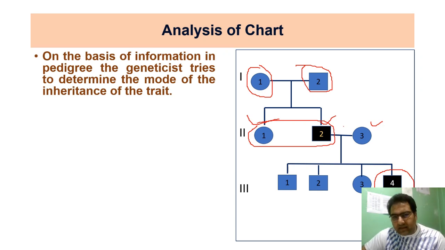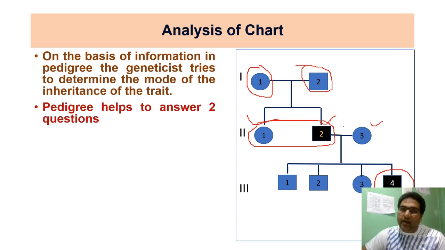On the basis of the information gathered from these pedigree charts, these family trees, they try to determine the mode of inheritance of a trait. That is, what kind of inheritance is followed by this trait, and it helps to answer two questions.